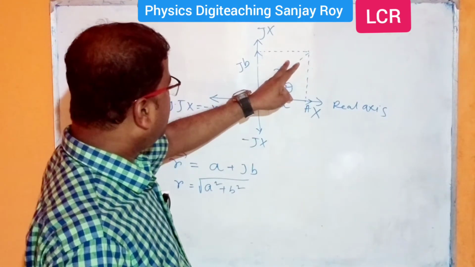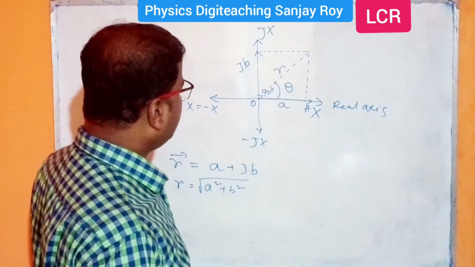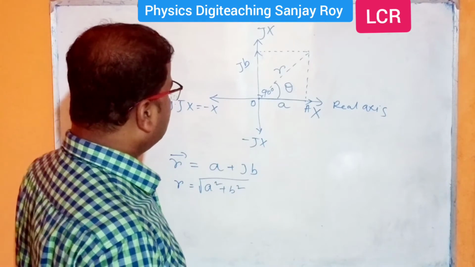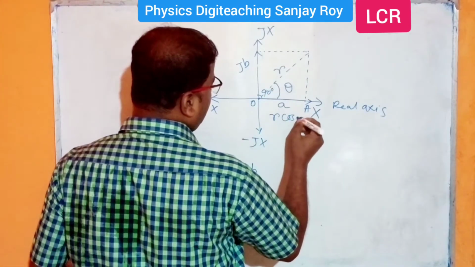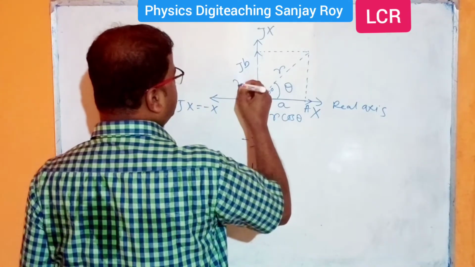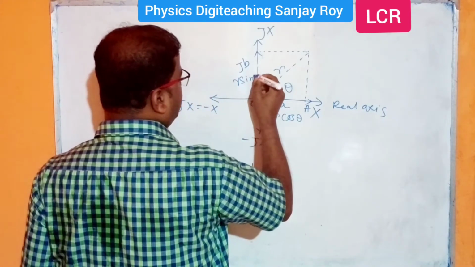Now if we resolve R, then we get this is R cos theta and this is R sin theta.